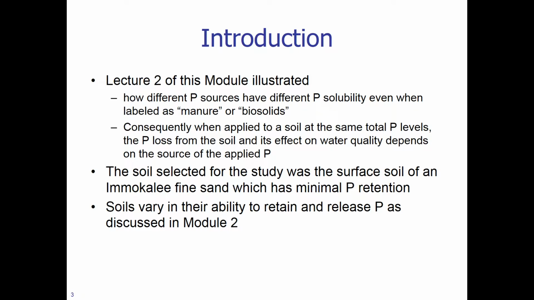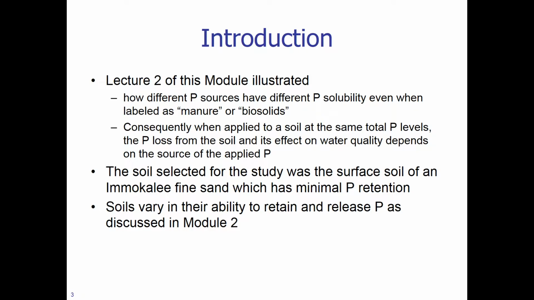Then we come to biosolids. We have seen that biosolids are very different. They have different P solubilities depending on how they were prepared. And we also noted that, at the same total P levels, the P loss from the soil and its effect on water quality depends on the source of the P applied.